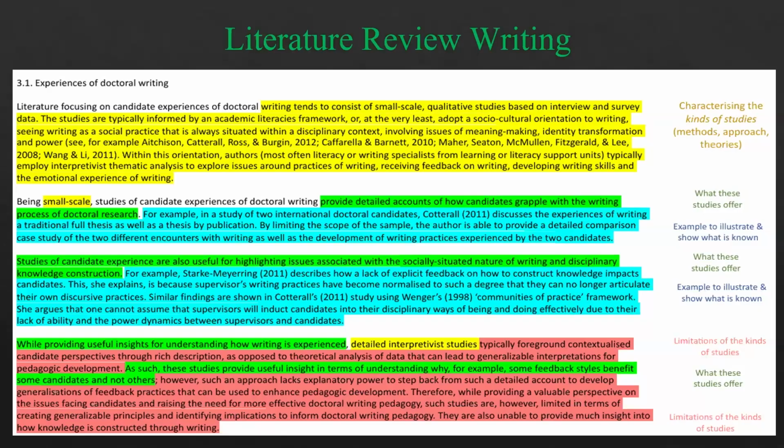And then in that second paragraph and third paragraph, they talk about, in the second paragraph, detailed accounts of qualitative studies in relation to doctoral writing, and they interrogate particular issues in relation to this topic. In the last paragraph, the author here speaks about the limitations of these kinds of studies.